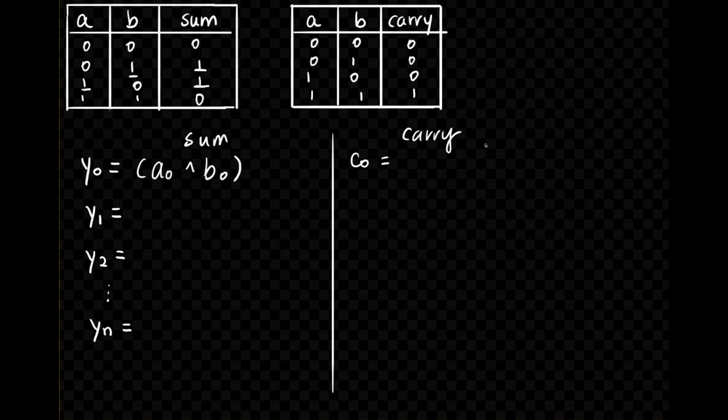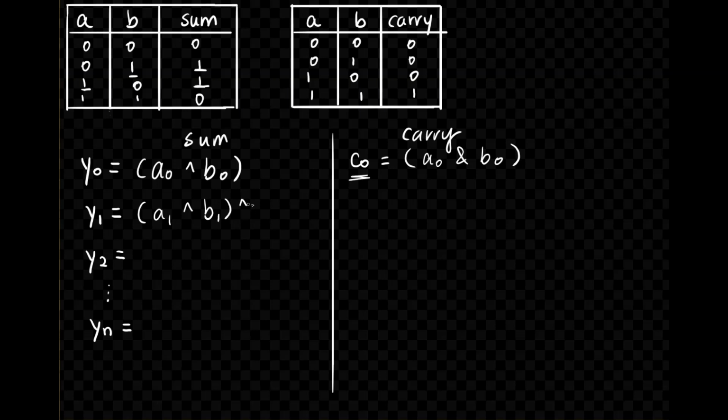Then the carry is high only if both a and b are 1. So I can say a0 and b0. Now for y1, we have to consider a1 XOR b1, but part of the sum is also c0.